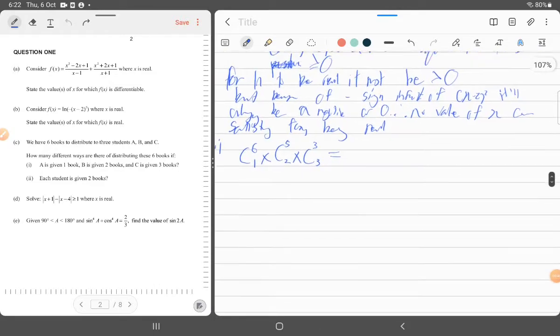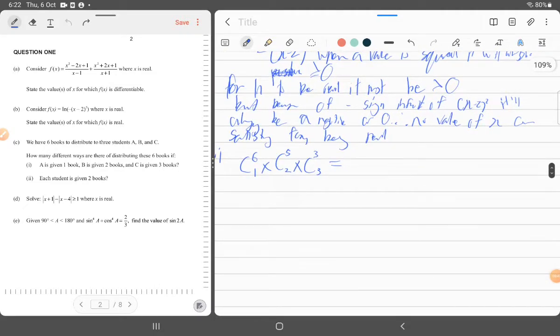So this will be equal to C in R, the combination of n R, which is equal to n factorial all over n take away R all factorial times R factorial.